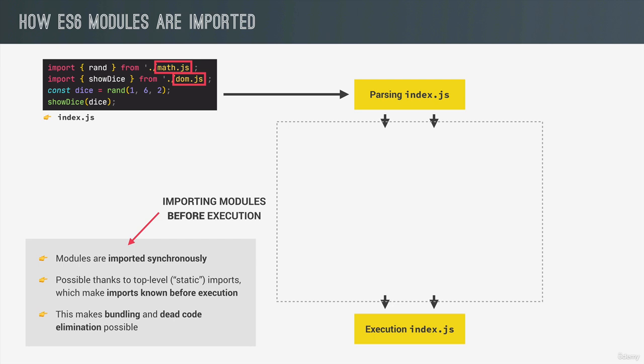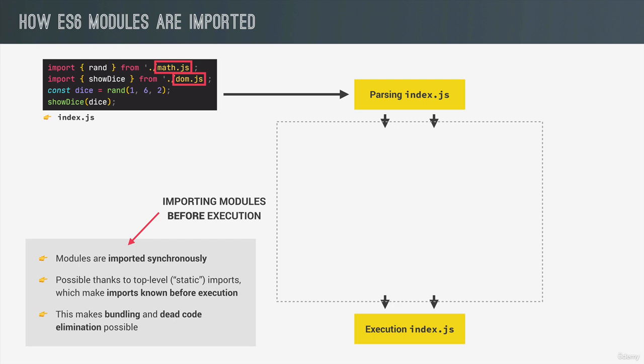So by knowing all dependencies between modules before execution, bundlers like Webpack and Parcel can then join multiple modules together and eliminate that code. And so essentially, this is the reason why we can only import and export outside of any code that needs to be executed. So like a function or an if block. But now let's move on here.